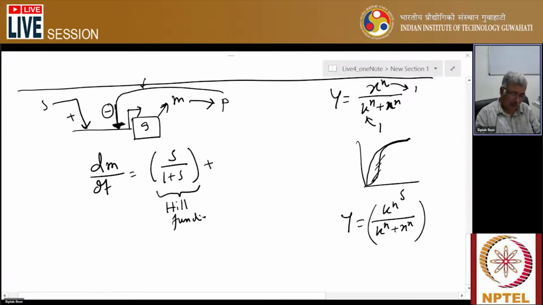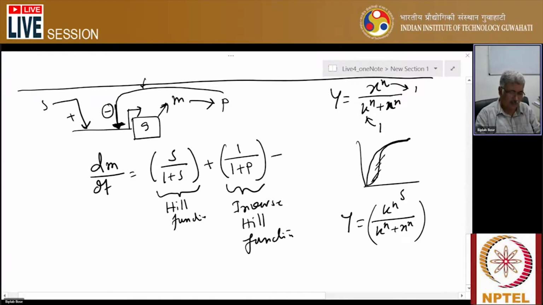In this case k is 1, n is 1, so it is 1 divided by 1 plus P. This is the inverse Hill function, minus the degradation of m. Fine. So Sriram, can you see now that both the signal coming from the outside as well as the signal given by the protein itself are included in my ODE?